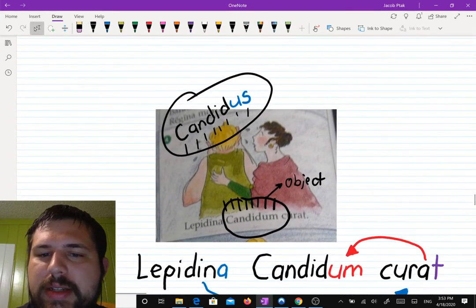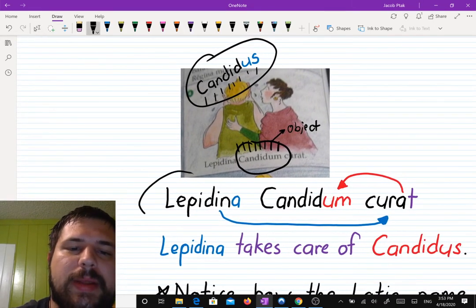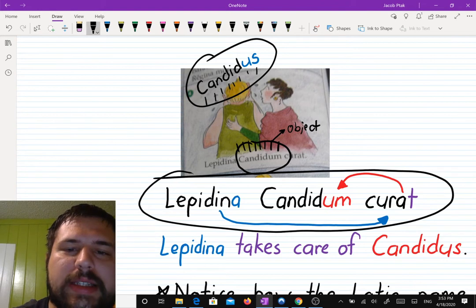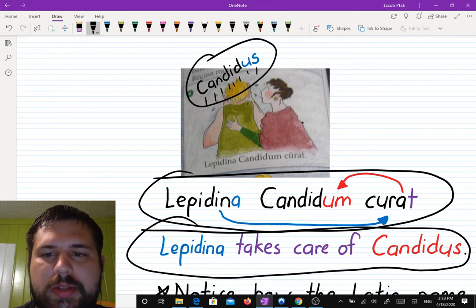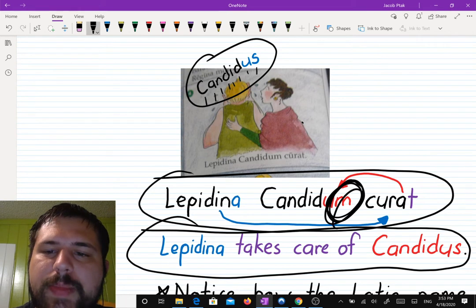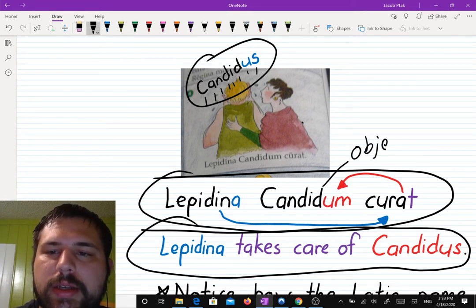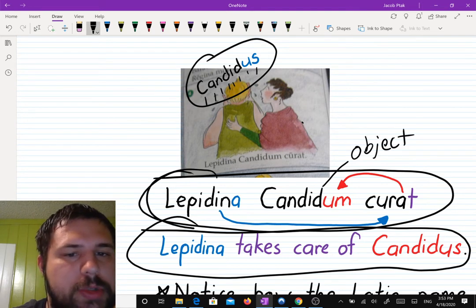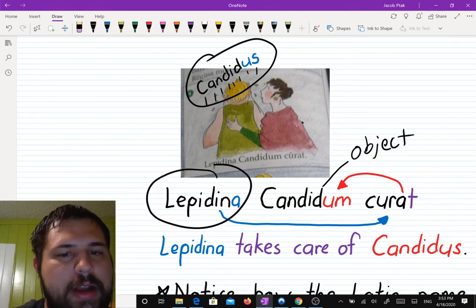So here's how this sentence is broken down a little bit. Lepidina candidum curat. Lepidina takes care of Candidus. So because you changed the spelling of the word, it lets you know that it is the object. So you start with the subject. You start with Lepidina, and then you find out what she's doing.